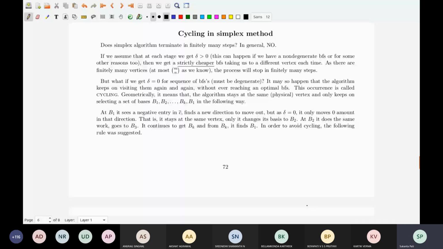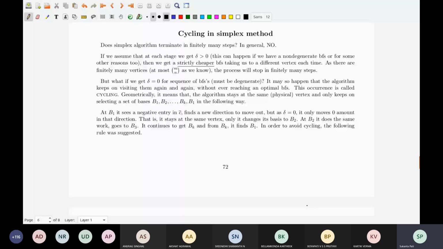In that case, every time you try to compute alpha max, it will come out to be 0. Why? The B bar column has many zero entries, so whatever you are dividing, it will be 0 divided by 5, 0 divided by 3, minimum 0.